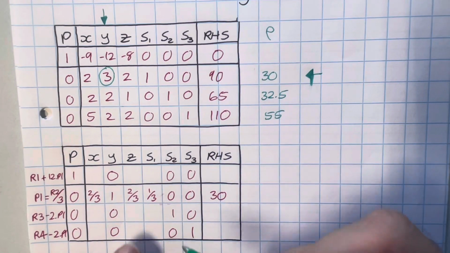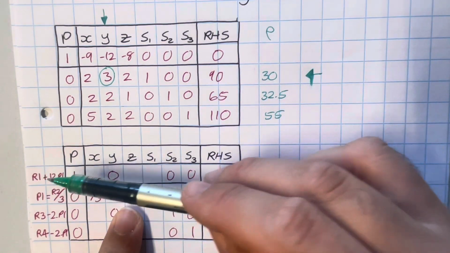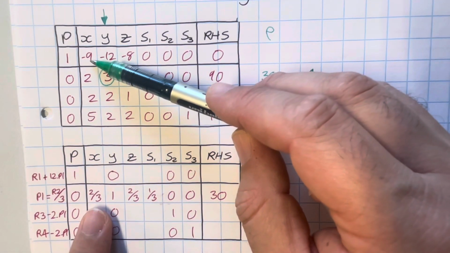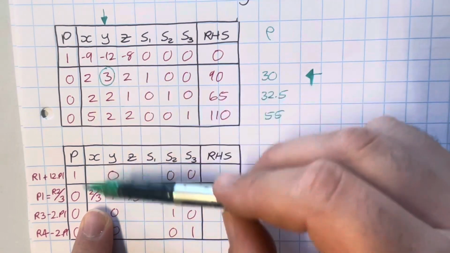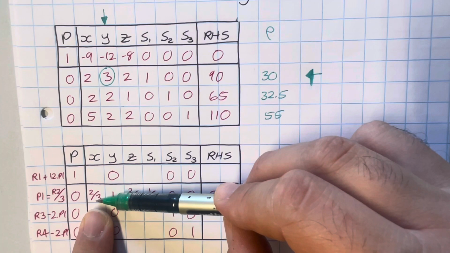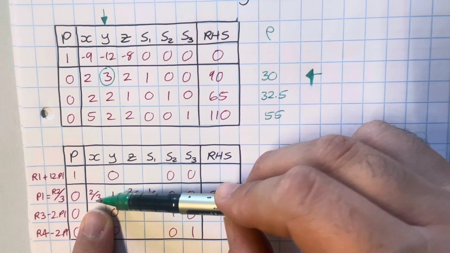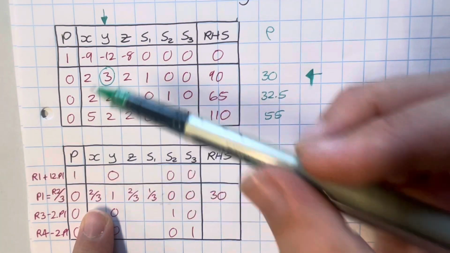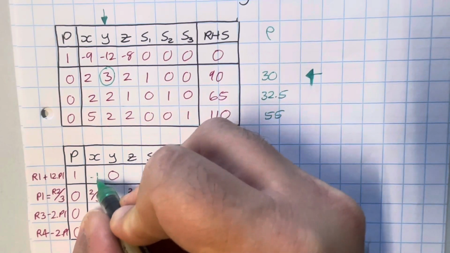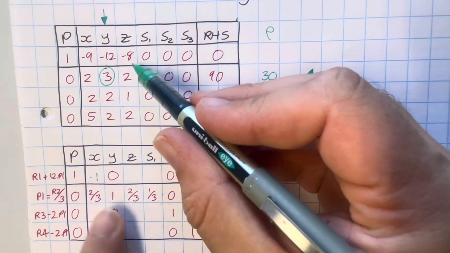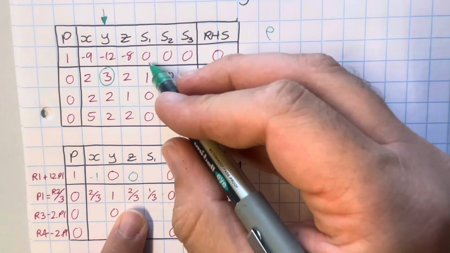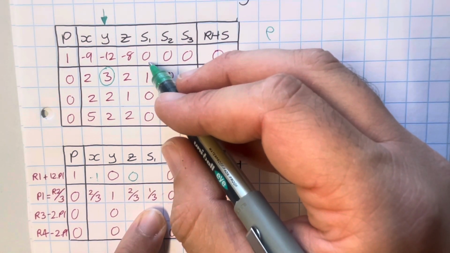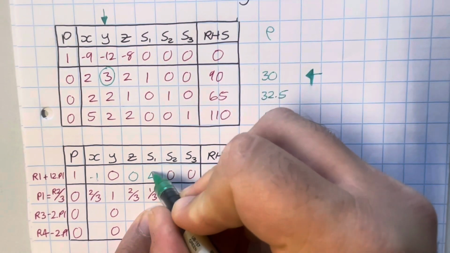Okay, so first one, we're going to have minus 9 plus 12 times 2/3. So that's minus 9 plus 8, so that's minus 1. Then we've got minus 8 plus 8, which is going to be a 0. Then we've got 0 plus 4, so that's going to be a 4.